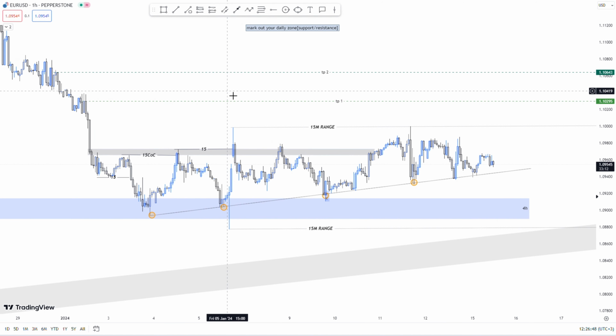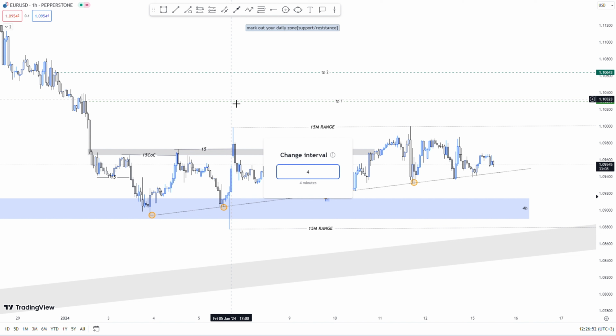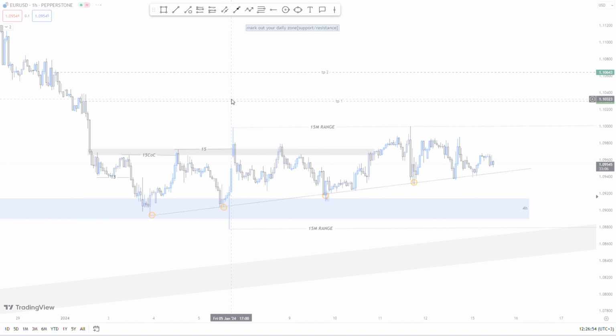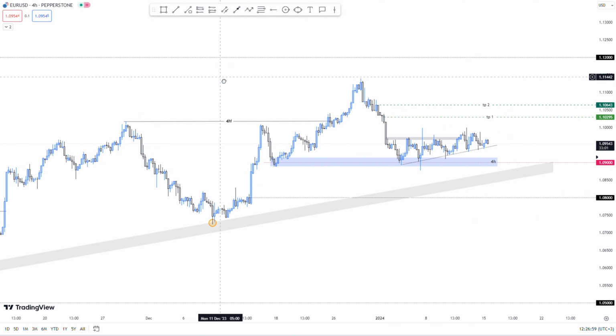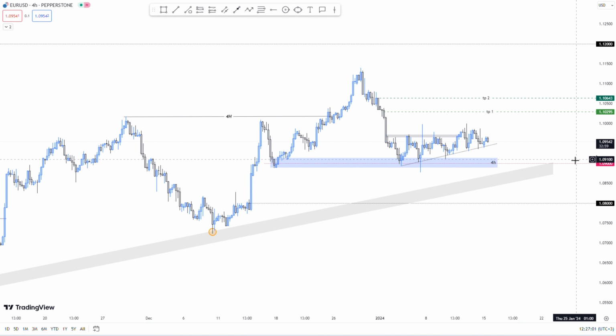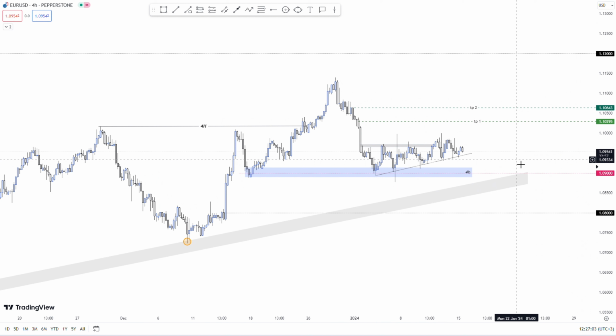After doing all that analysis, the next thing that I usually recommend for every trader to do is ask himself, what are the possible moves that price could make from where it is? So price usually moves in two ways. It either moves up or moves down.